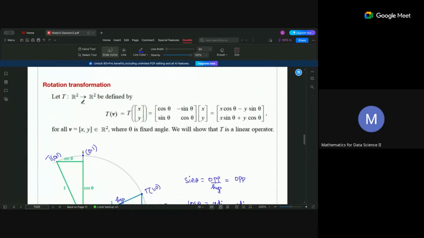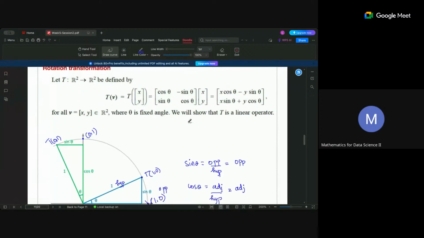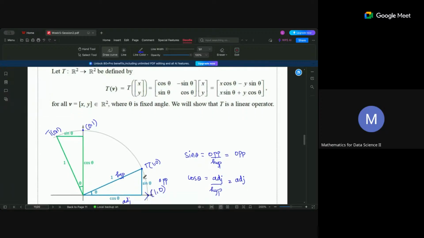Now you are given that this transformation T of (x, y) is this: cos theta, minus sine theta, sine theta, cos theta. First of all, what are the coordinates here? The x value is cos theta and the y value is sine theta, so (cos theta, sin theta).